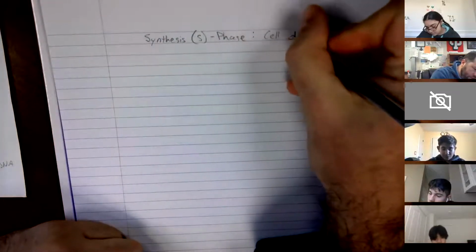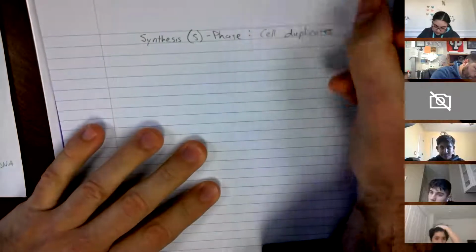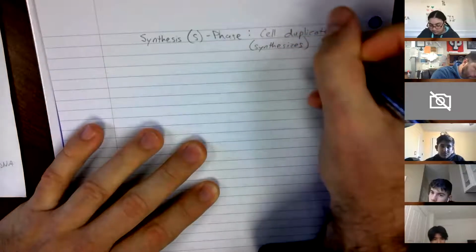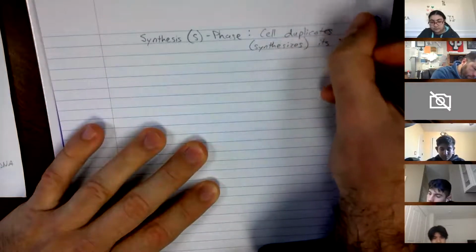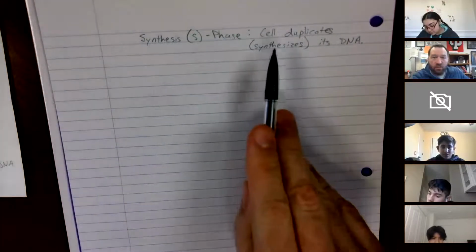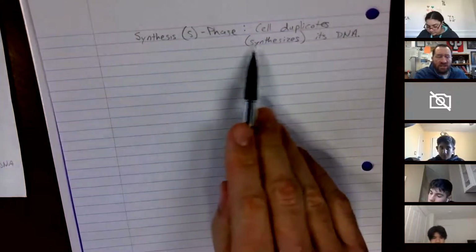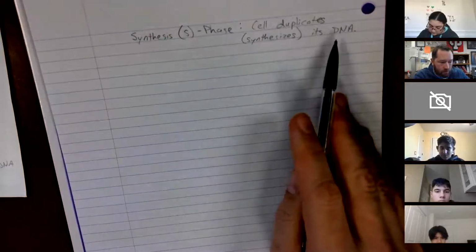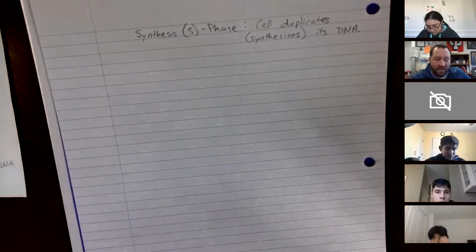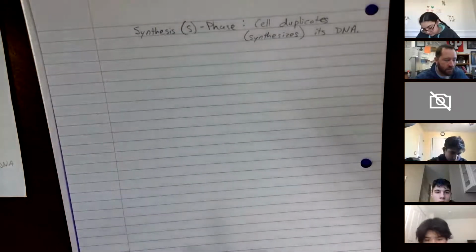Well, during S phase, that's when the cell duplicates, or again, synthesizes. There's the term. There's why we have the name of the phase. Synthesis is to make. We're making new DNA. We're copying our DNA so that when the cell divides again, both of the new cells can have an exact copy of the DNA.